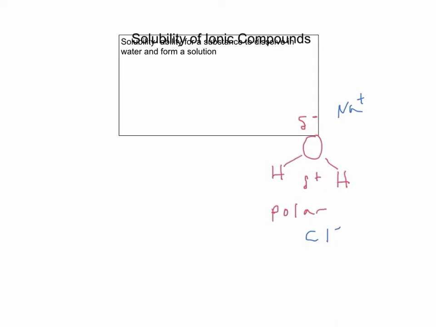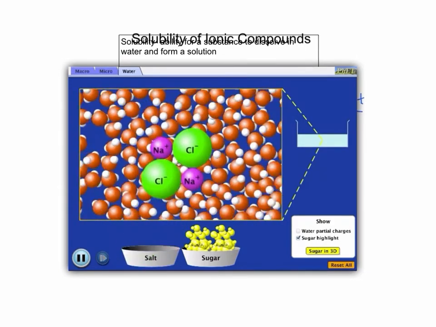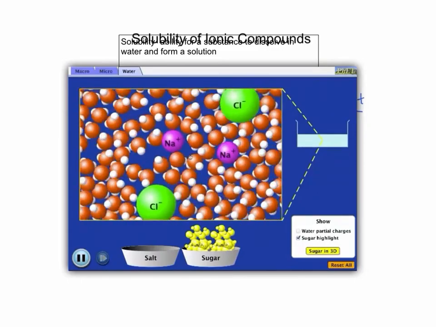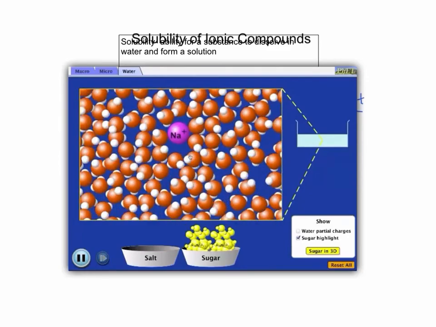Now let's watch what happens on the molecular level when we put salt into water. So this is the molecular view, and watch what happens to the sodium ions and the chloride ions as the salt is dissolved. Note that the big red part of these molecules is oxygen, and the smaller white parts are the hydrogens. So the sodium chloride goes in, and you can see that the water molecules pull that crystal apart.